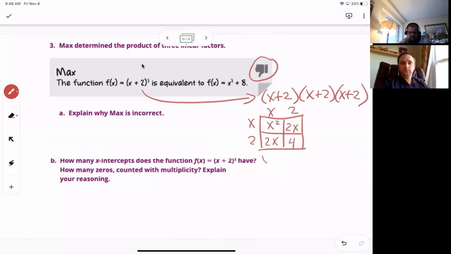And you might already see what Max is missing here. 2x plus 2x is 4x. If we just did x plus 2 times itself squared, Max would have gotten x^2 + 4, and we got x^2 + 4x + 4.